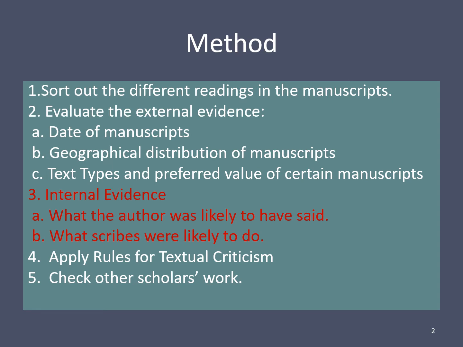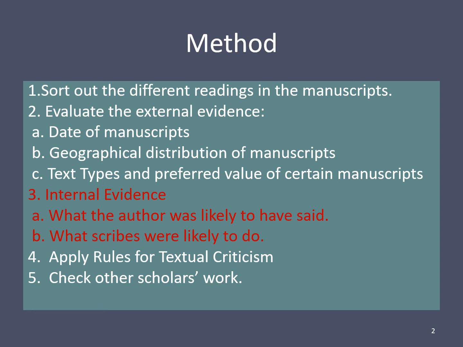The internal evidence then is going to look at two major factors. One is, what is the author likely to have said? A quick example would be, does Paul use this word often, or does he never use this word? Does he use this grammatical construction often in his writings, or does he never use this kind of thing? Would he have been likely to have said this sort of thing in the first century or the second century, and so forth?